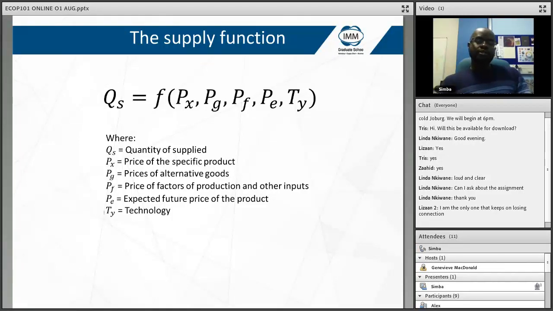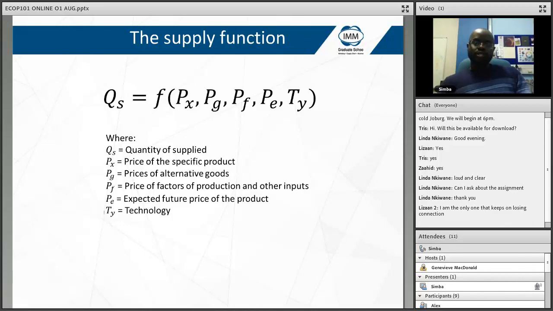Expected future price. We are saying the expected future price determines the supply today. If the producers expect the price of maybe a product like petrol to increase, supply might decrease in the short term. Then when the price has gone up, they will now supply more.